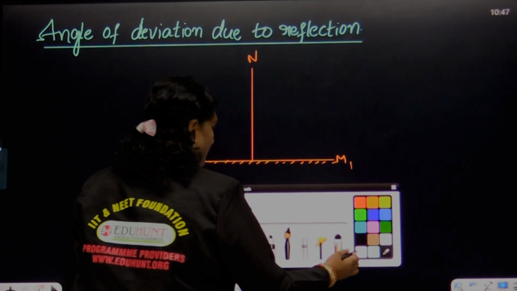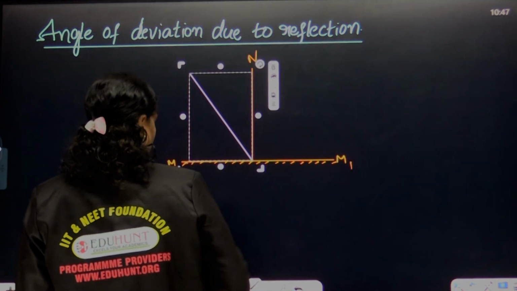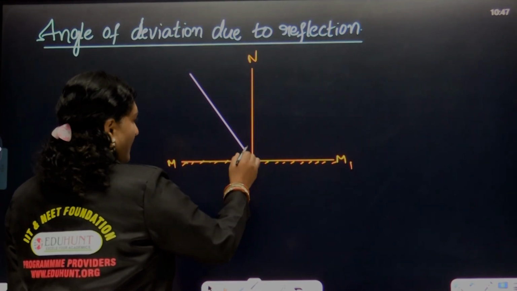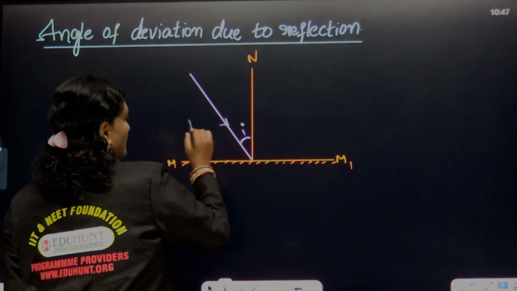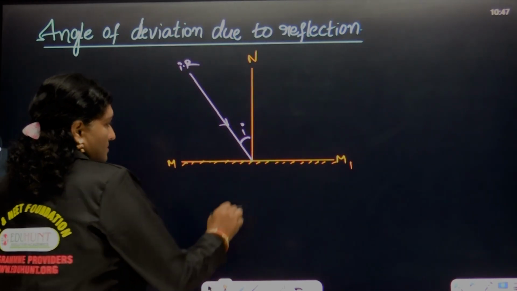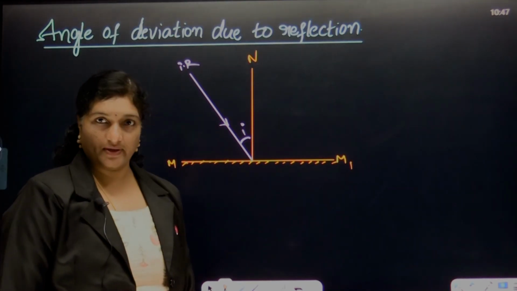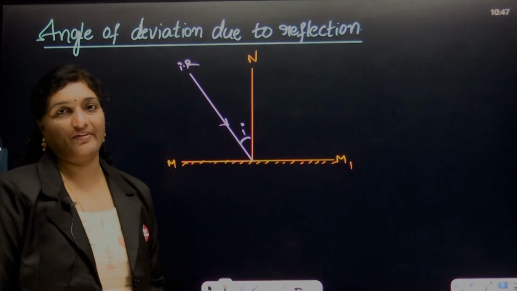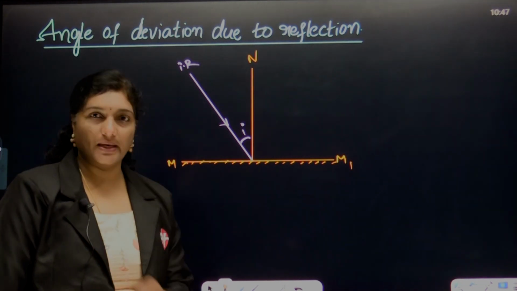Now, let us imagine an incident ray. So, let this be an incident ray incident at an angle I on this mirror. We know that whenever a light ray is incident on a surface, a part of it is absorbed by the surface and some part of it may be reflected back into the same medium.